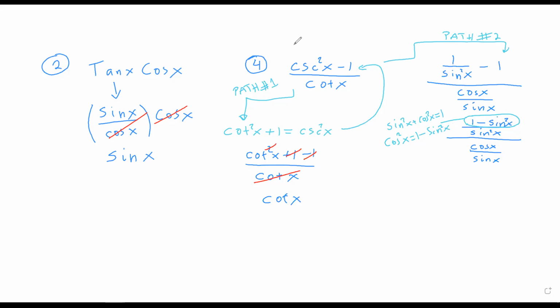And so that would mean that in the numerator we've got cosine squared of x divided by sine squared of x, and all of this is divided by cosine of x and sine of x.